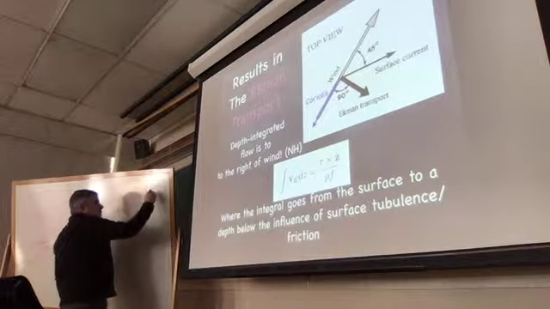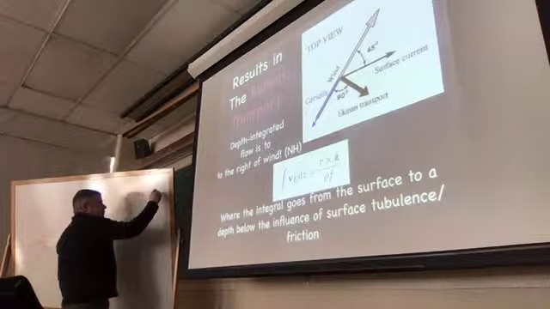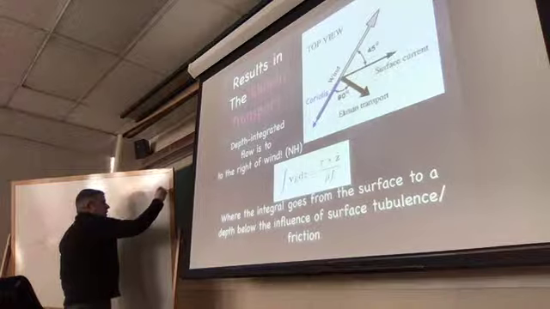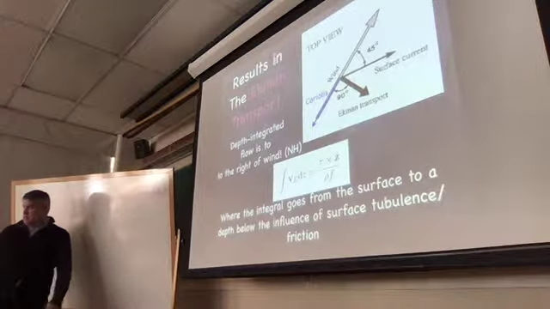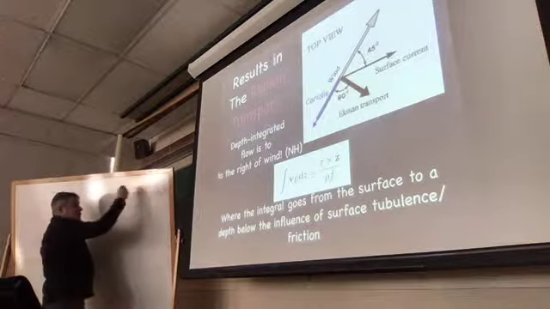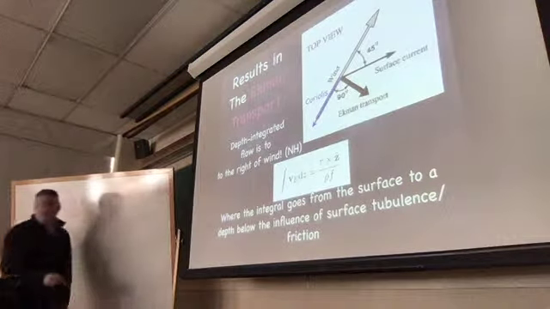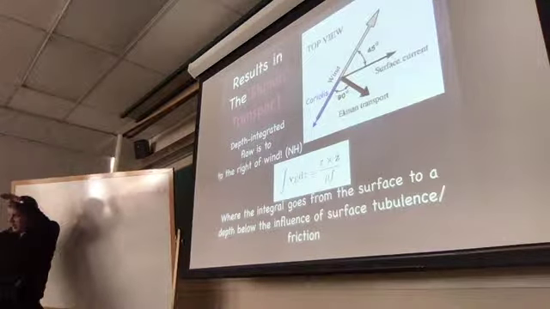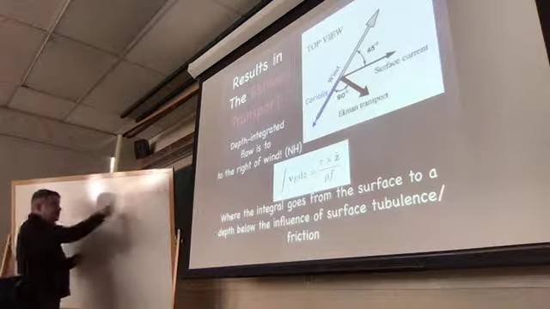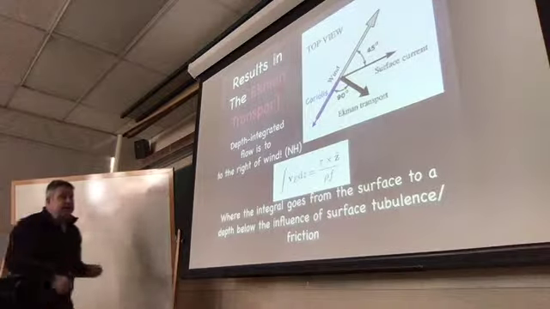That would be the average times the depth of that layer. So the average, and this is a vector, and this is a vector. Okay? So it's the layer average flow that we could have taken.